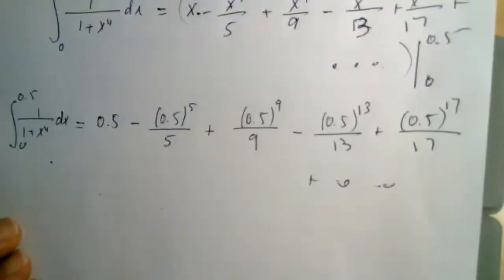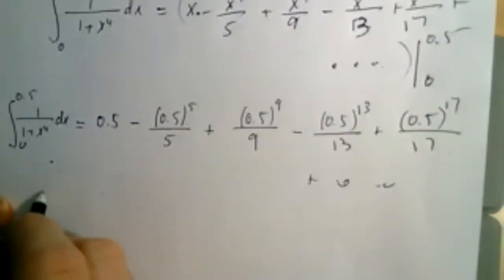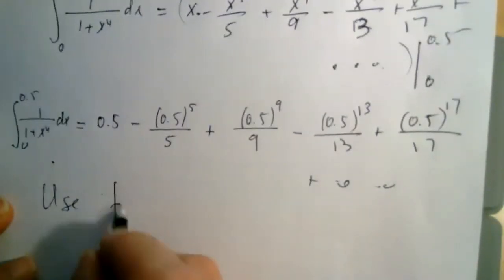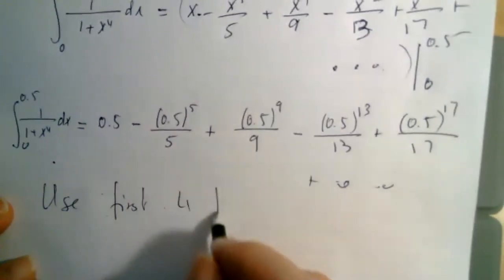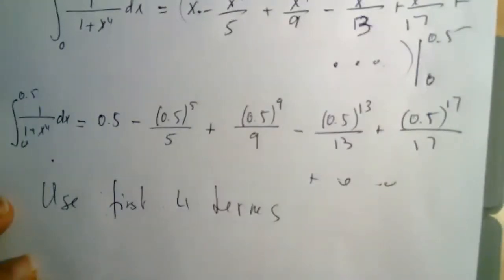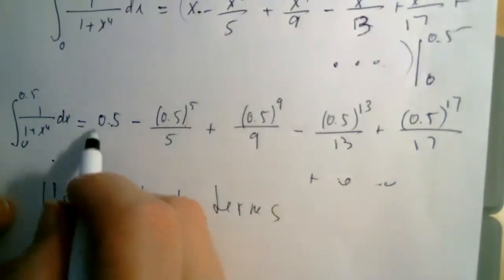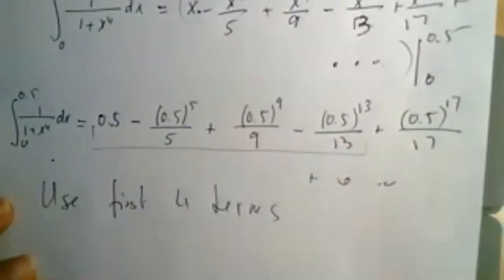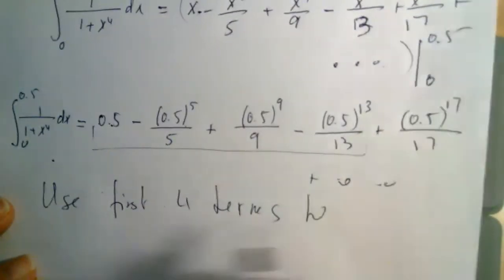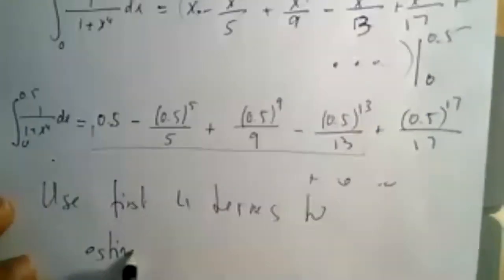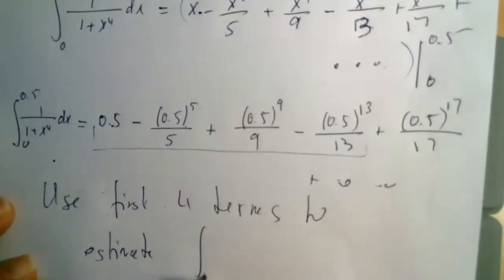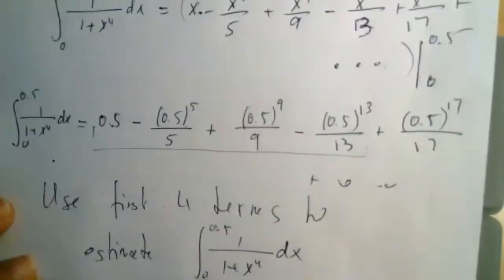So I'm really writing it as a series of numbers. My question now is, use the first 4 terms. I mean, I want only this 1, 2, 3, 4. I want you to use the partial sum to estimate the integral. What do I mean by that?